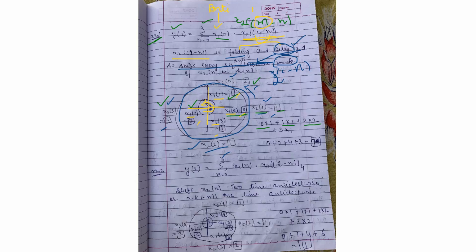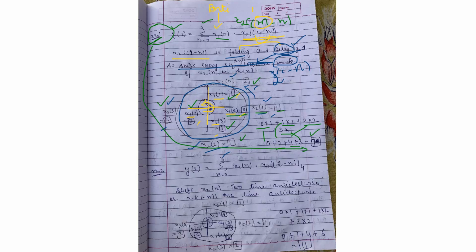Here x1 of 3 is 3 and x2 of 2 is 1, so you write 3 into 1 and then add: 0 into 1 is 0, 1 into 2 is 2, 2 into 2 is 4, 3 into 1 is 3. 4 plus 3 is 7 plus 2 is 9. So the calculated value of y1 of m is 9.